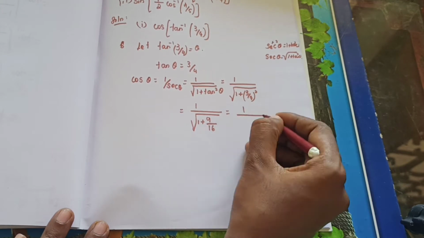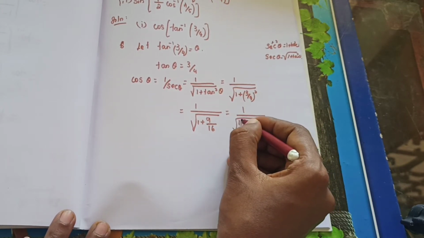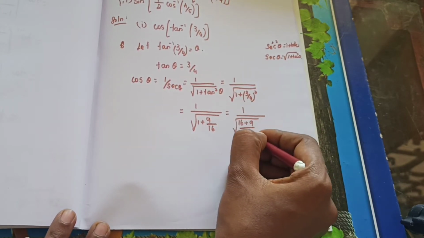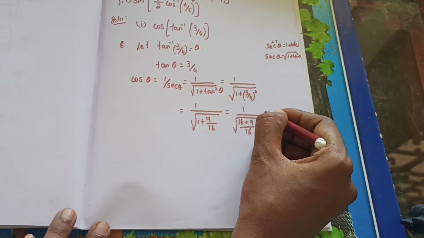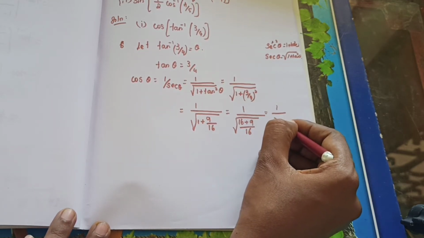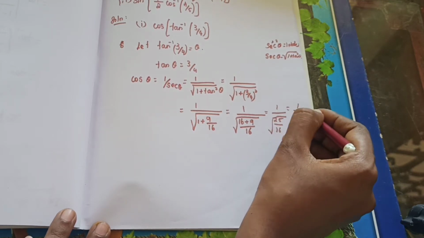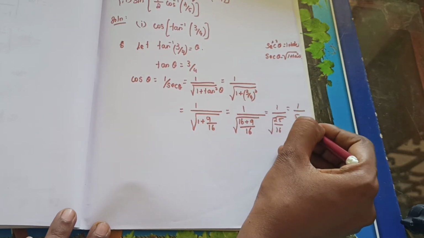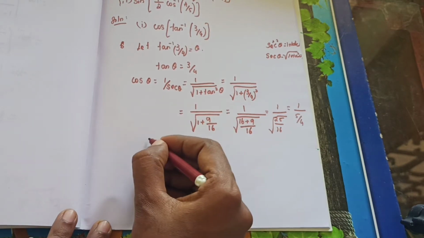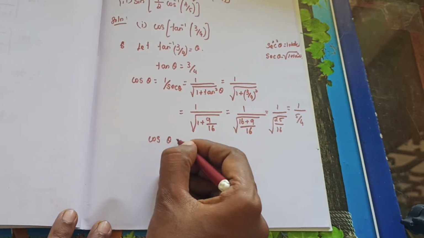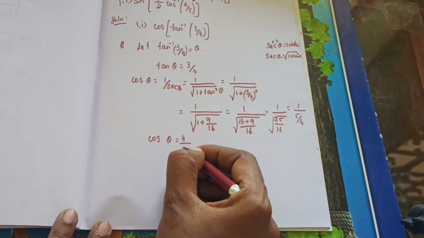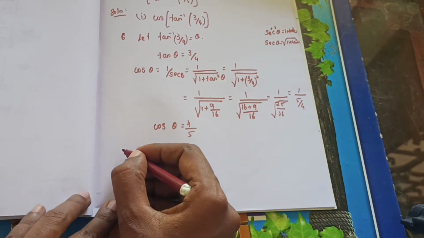That's equal to 1 by square root of 16 plus 9 by 16. So that is equal to 1 by square root of 25 by 16, which is 1 by 5 by 4. If you bring this 4 up, what will happen? 4 by 5. So what's the value of cos theta? 4 by 5. Now you got the value of cos theta also.